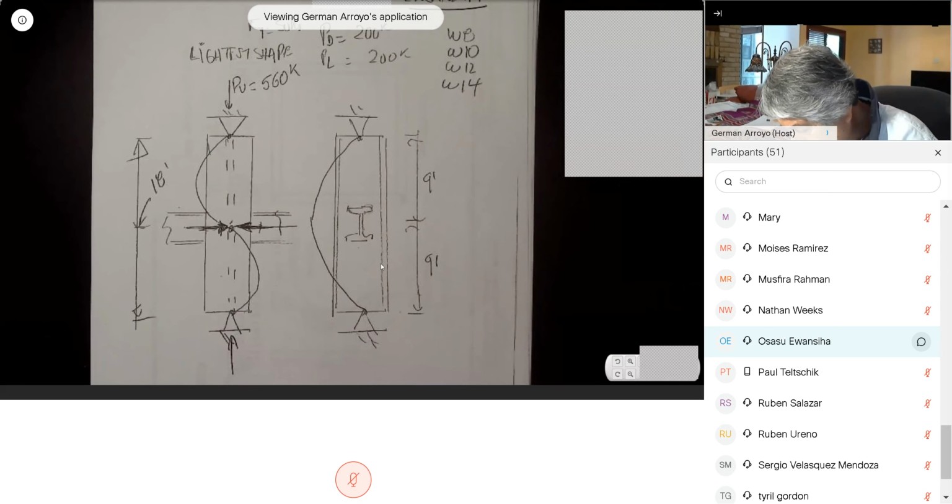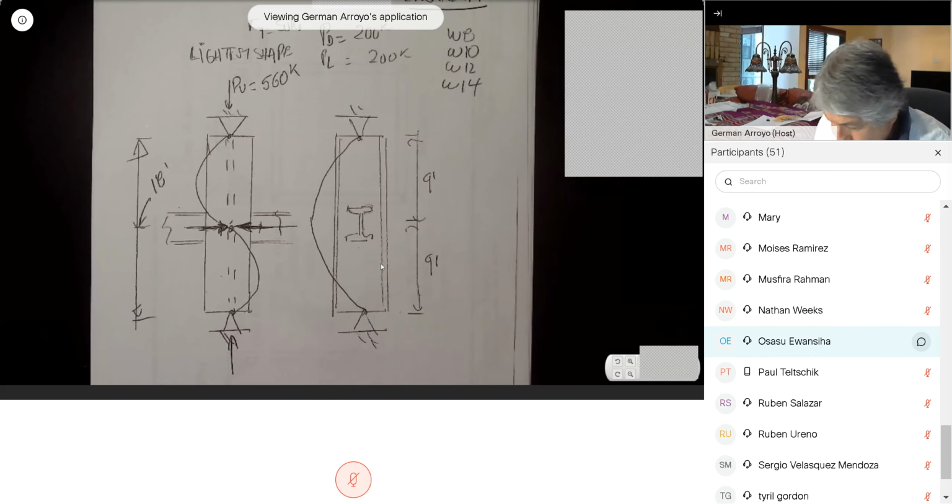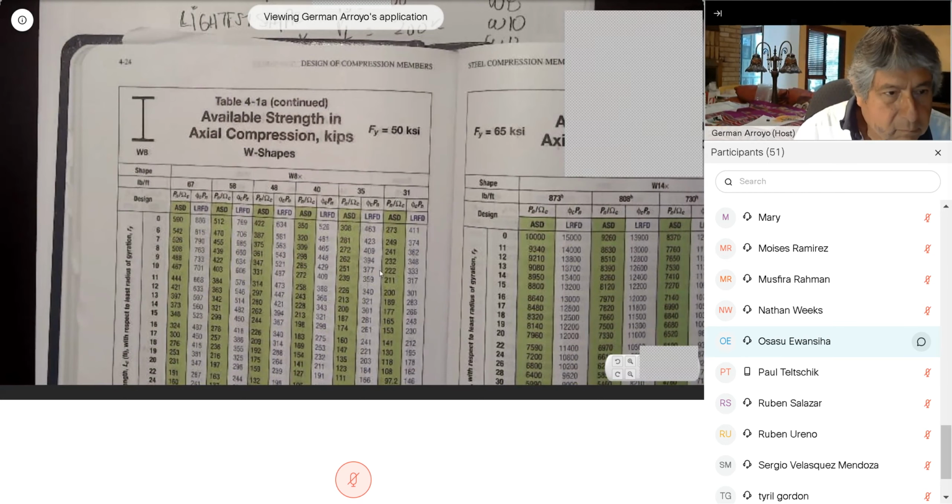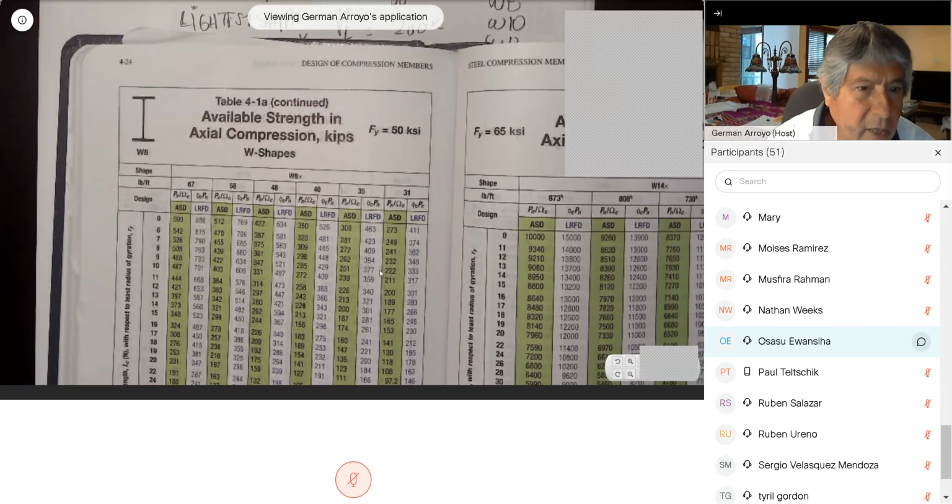For instance, I want to go to page 4-24. Page 4-24.